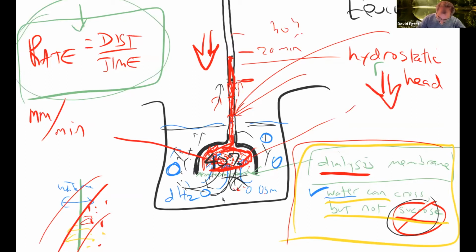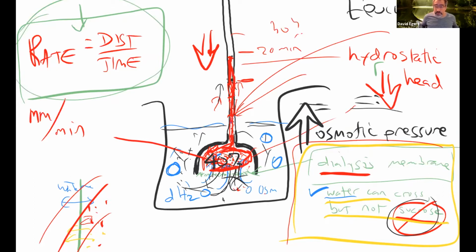And then the osmosis, this osmotic pressure pushing up. And when those balance out, we're going to hit some equilibrium where there's no net movement anymore, up or down. The higher it goes, the more gravity is trying to pull it down. So at some point, you're going to hit some place where they balance out.